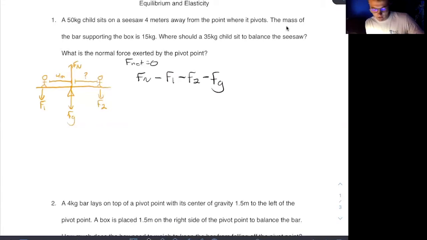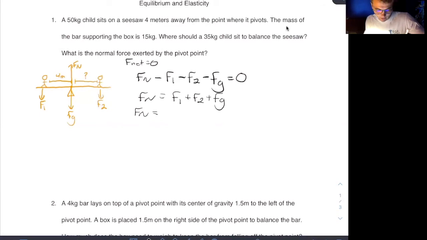Okay, so now we can solve for the normal force. We take all these variables to the other side: the normal force equals F1 plus F2 plus Fg. We can find all those values.